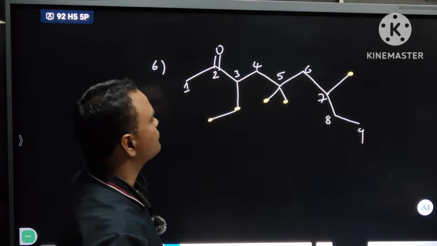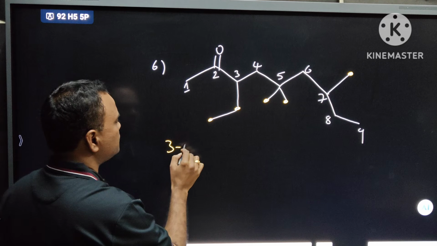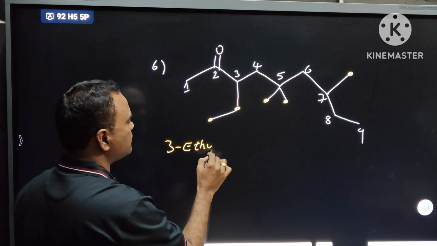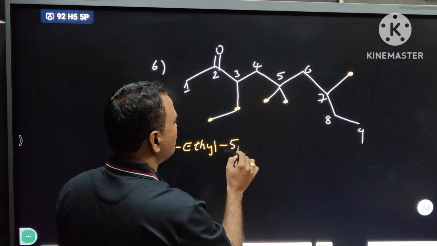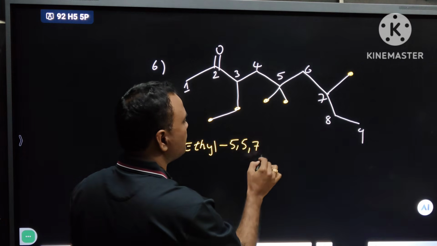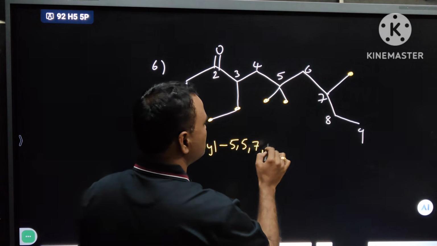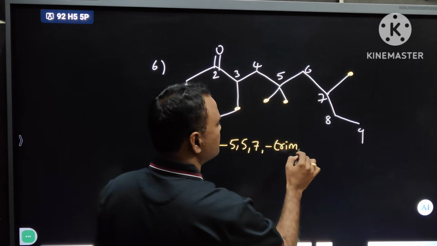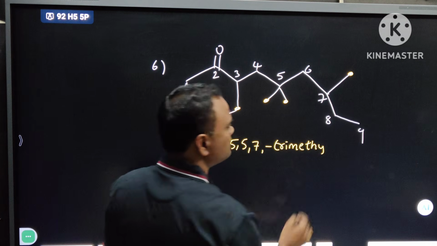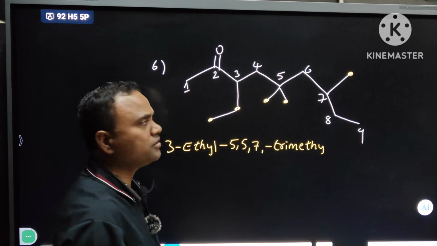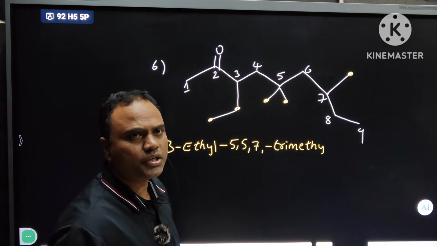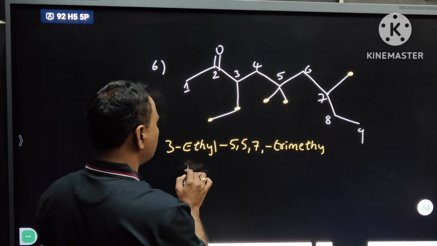Okay. 3-ethyl, because the letter E comes first, then 5,5,7-trimethyl. Total how many carbons are there? 9. And ketone is present at the 2nd position.